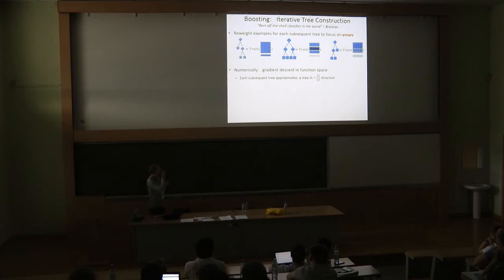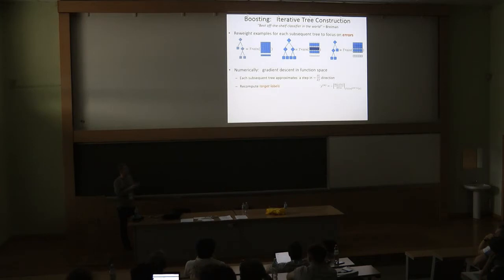So if we think about the descent in function space, because each subsequent tree will aim to take that step along the gradient, what we can do is, instead of reweighting the examples, actually change their labels a little bit. The way to think of it is that each tree is basically introducing some distribution of outputs over the examples.